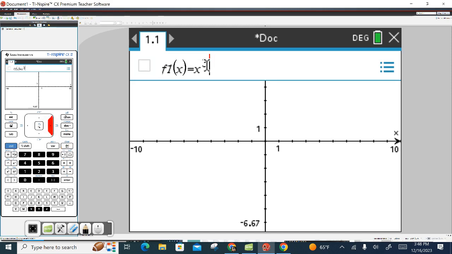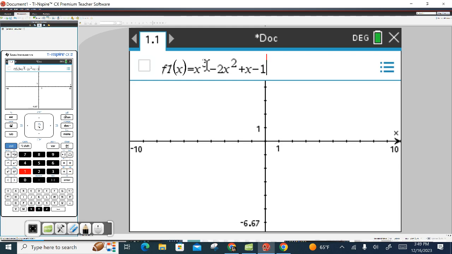Make sure you arrow out of the exponent mode. 2x squared. I believe it was supposed to be minus. So let me go back and delete. There we go. And make sure you hit the minus, the subtraction symbol, and not the negative sign, because the negative sign will come up with an error. Okay. Plus x, I believe, minus 1.